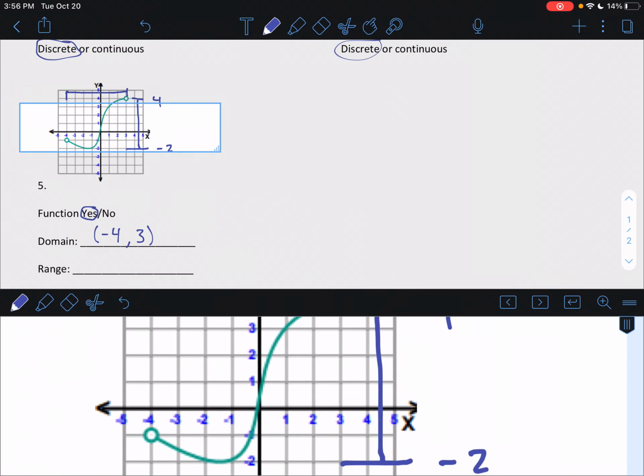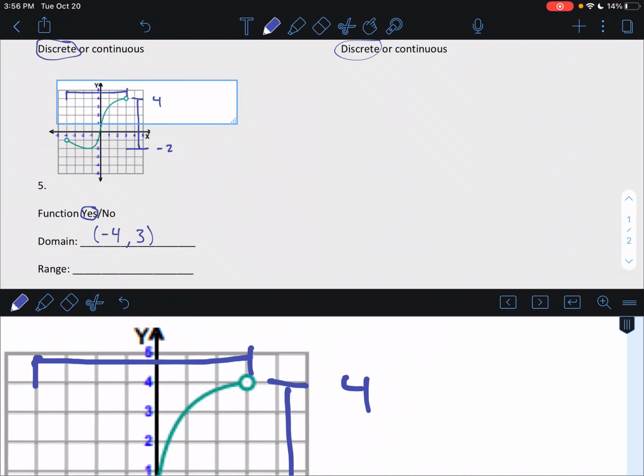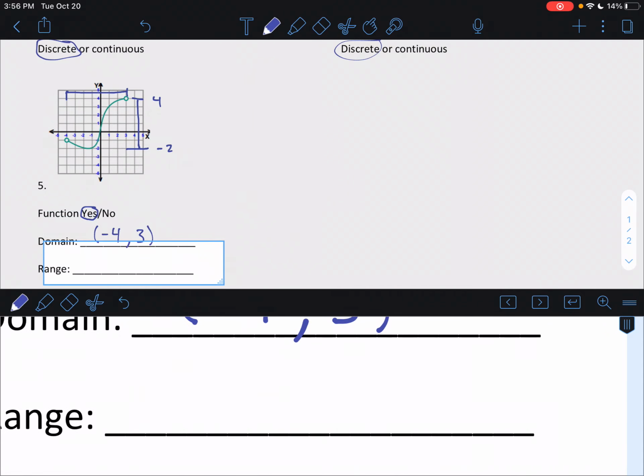At 4 though, there's an open circle. So I'm going to have -2 with a bracket up to 4 with a parenthesis, I guess. Because it can't actually touch 4, but it does touch -2. And you want the smaller number first and then the larger number.